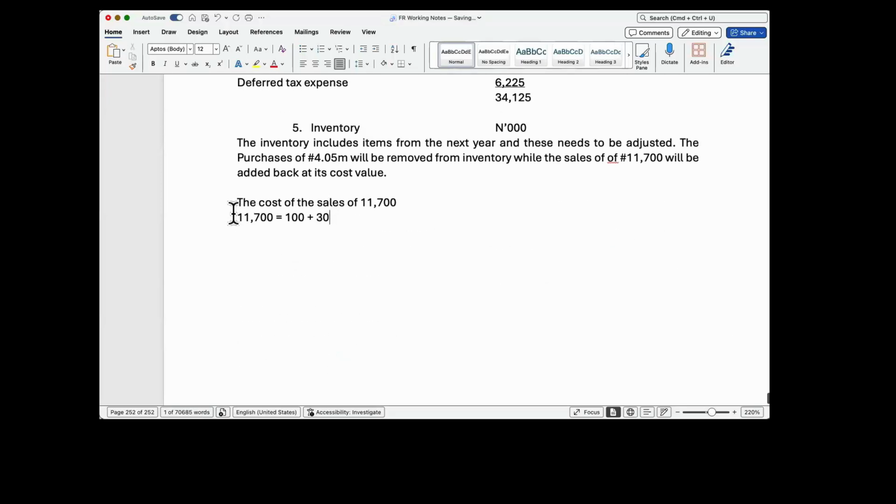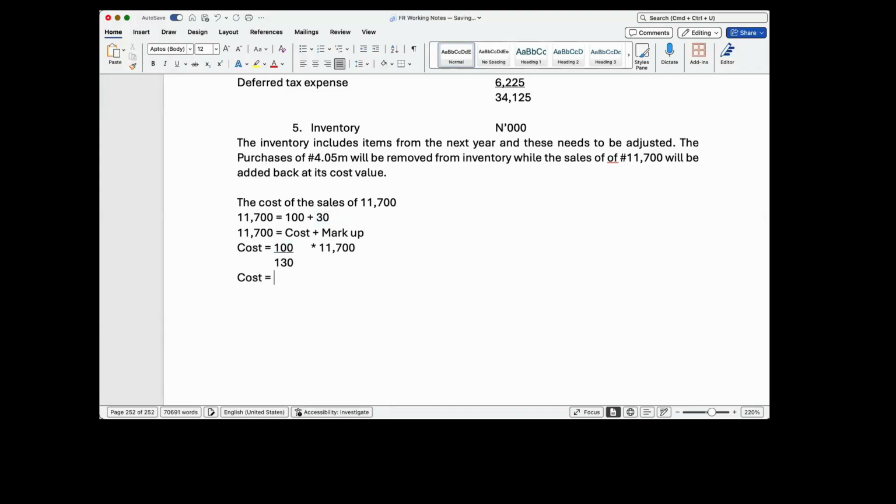With this equation, I can get the markup or the cost, however I want to. So for me to get the cost component, I just do 100 divided by the total, 130, times 11,700. If I needed the markup, it would have been 30 over 130 times 11,700.